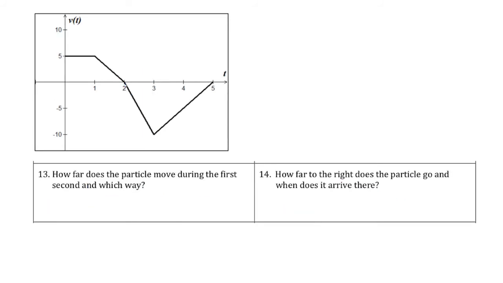Okay, and this next question is a good physics question as well. And this is saying, looking at this graph, how far does the particle travel or move during the first second, and which way? So keep in mind that our time is going to be our x-axis here. And so to find out how far we've moved in that first second, it's just like finding that average rate of change of the velocity, the AROC of the velocity.